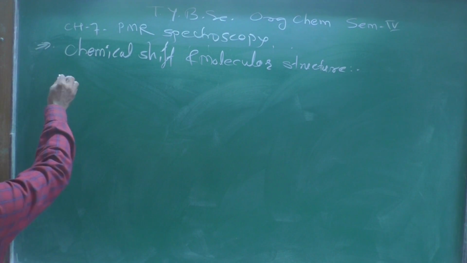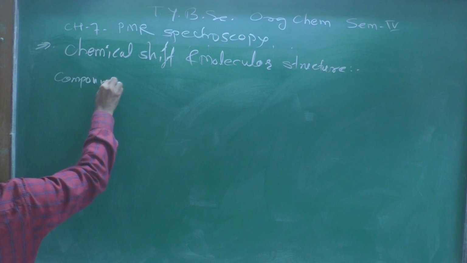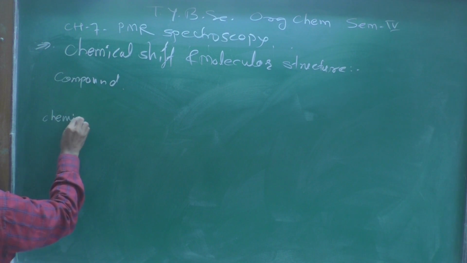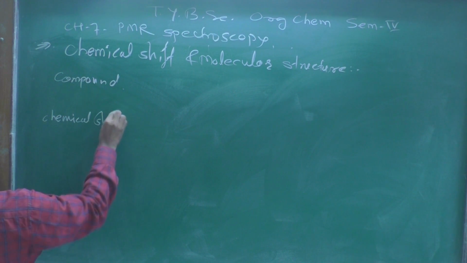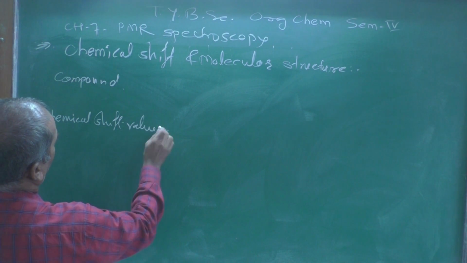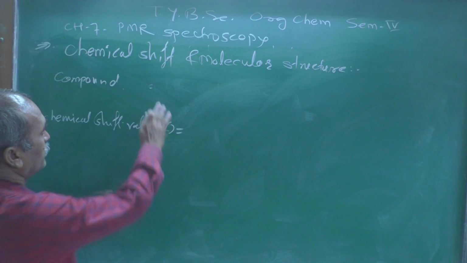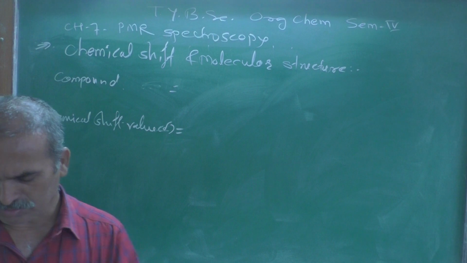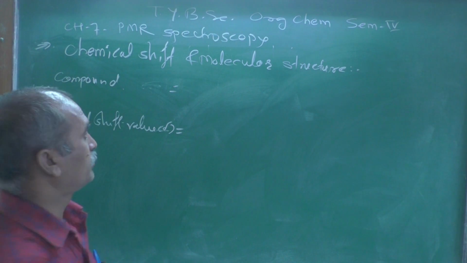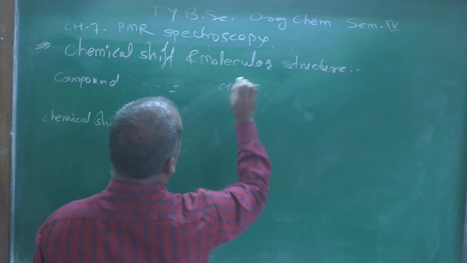Here let us see the compounds and their chemical shift values, the chemical shift value in delta, and here the compounds which we are going to consider. Suppose we have a methyl group, CH3, attached to fluorine.